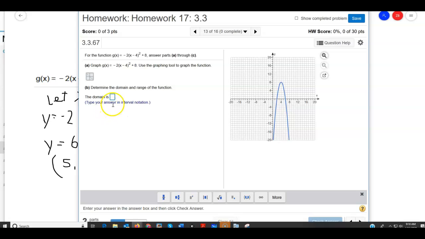So the domain here, since we don't have any restrictions, is just going to be from -infinity to +infinity with parentheses, because we never include infinity.